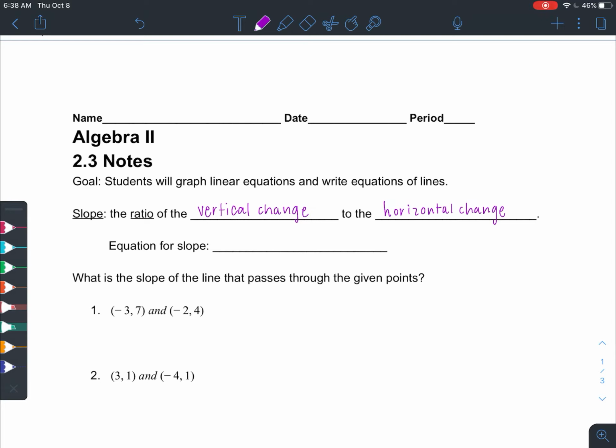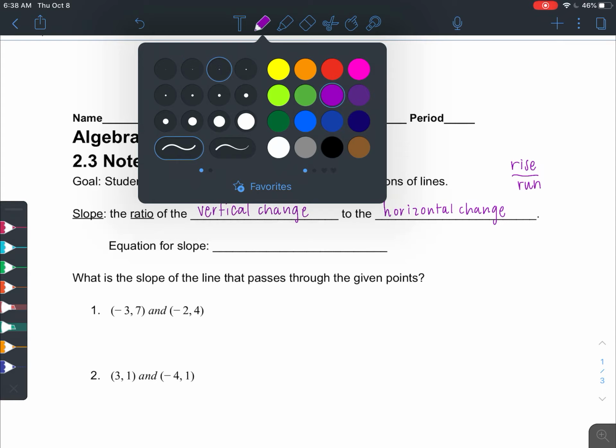Usually we talk about slope as rise over run. So here's the equation for slope. I'm going to use this already given bar as my fraction bar.